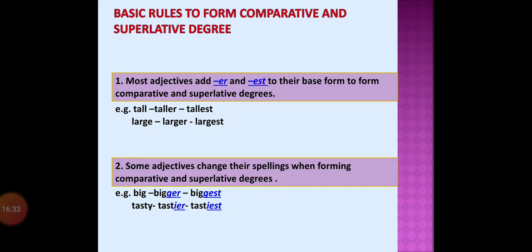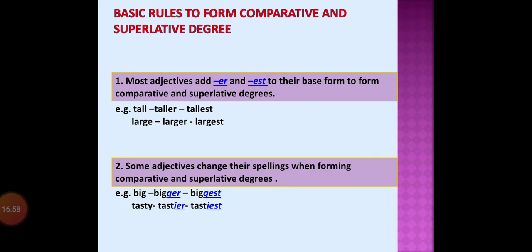What is the spelling of big? It is BIG. But whenever we make it a comparative degree, the spelling will be changed to BIGGER. It had changed its basic spelling. So this is the second rule, that some adjectives change their spelling to form the comparative and superlative degrees.